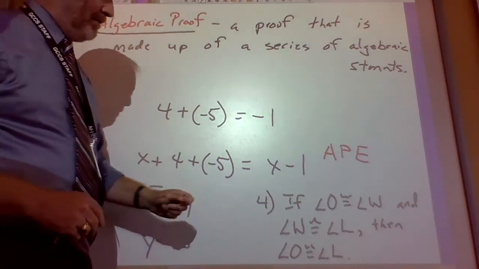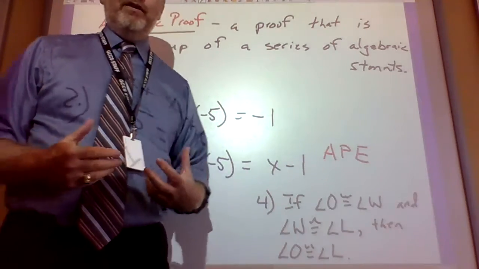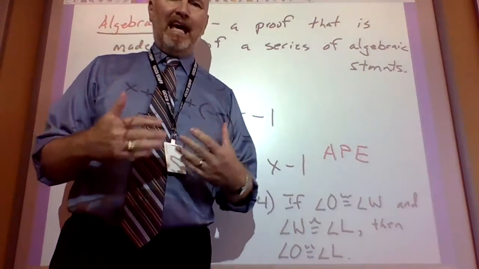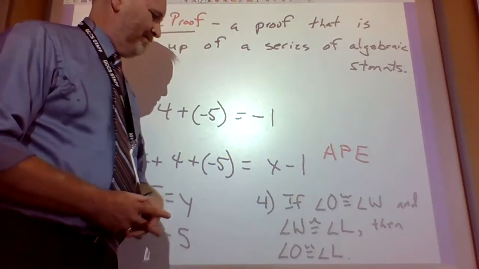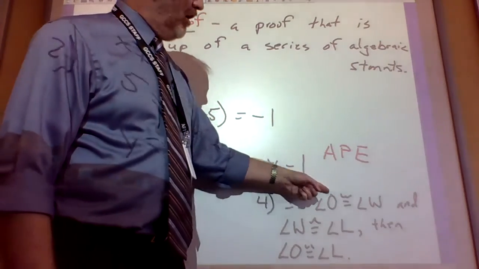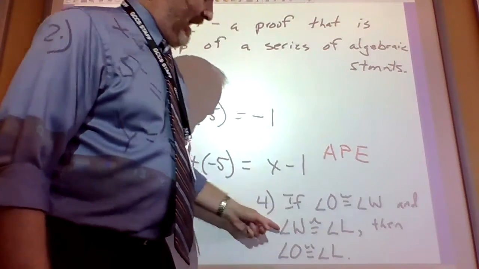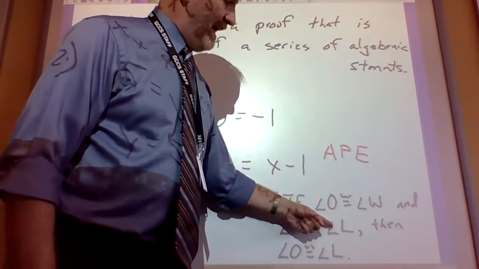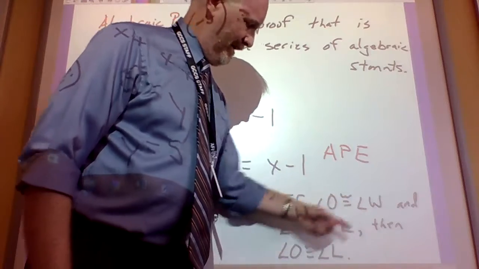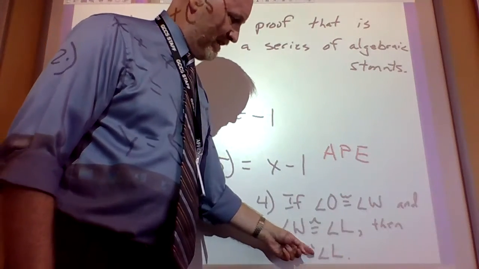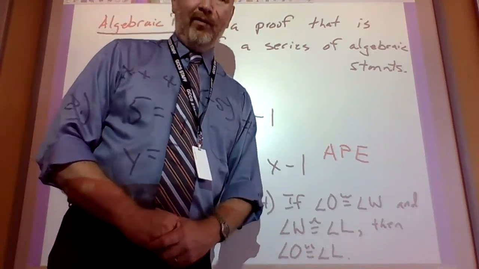And like I said, we skipped number 3 and we jumped to this one. You'll hear this one just listening to the cadence of what I'm saying probably. Number 4 says, if angle O is congruent to angle W and angle W is congruent to angle L, then angle O is congruent to angle L. All right.